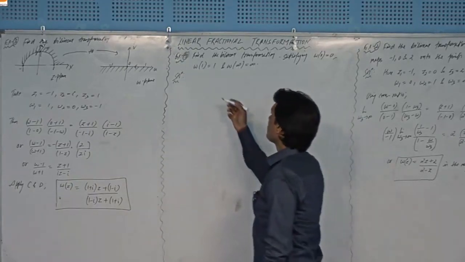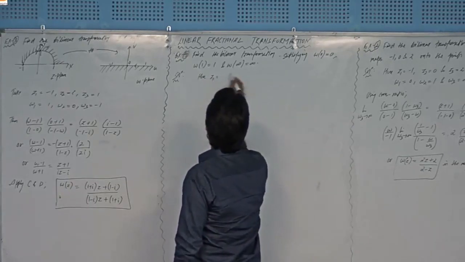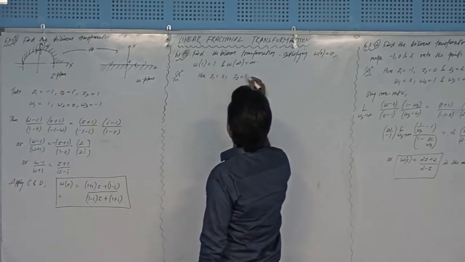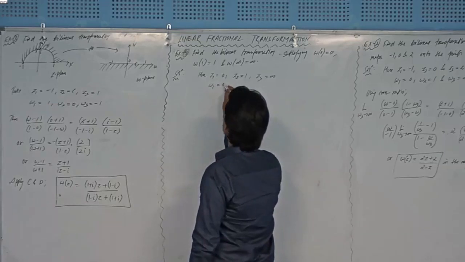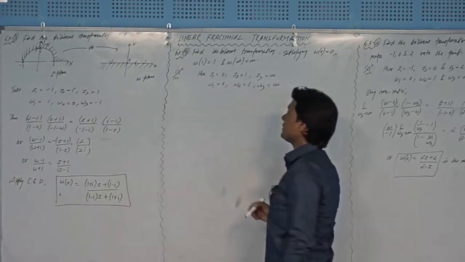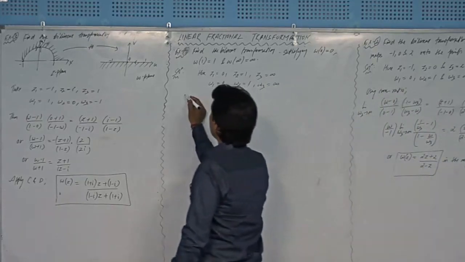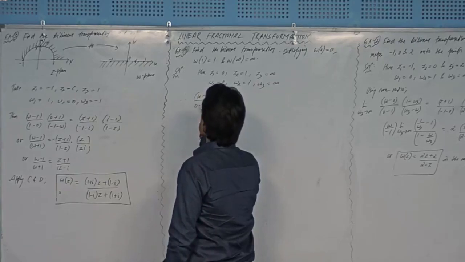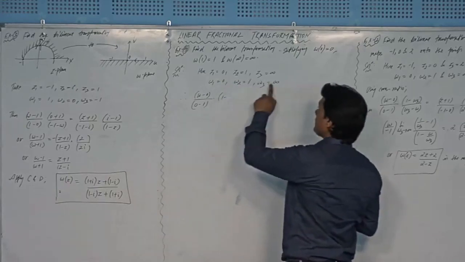So I will start with the cross ratio. We have z1 equal to 0, z2 equal to 1, and z3 equal to infinity. Similarly, w1 equal to 0, w2 equal to 1, and w3 equal to infinity, right? And using that cross ratio, (w minus 0)(0 minus 1)(1 minus w3) over (w3 minus w) equal to (z minus 0)(0 minus 1)(1 minus z3) over (z3 minus z).